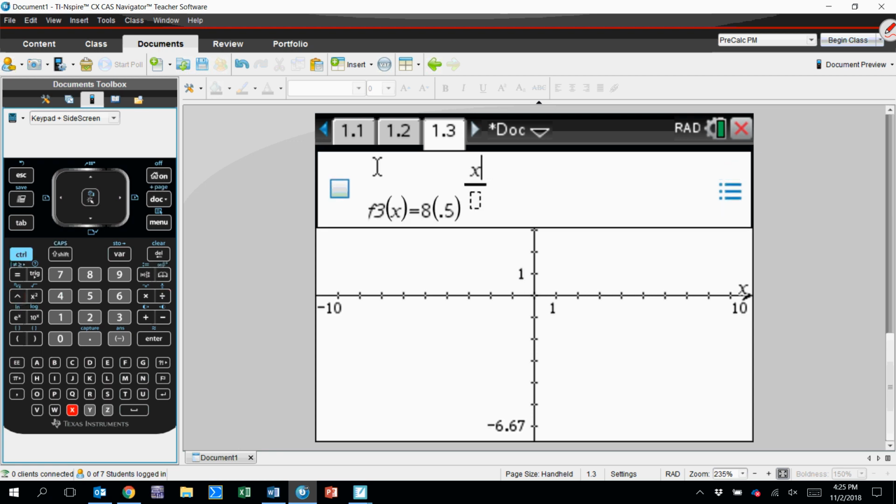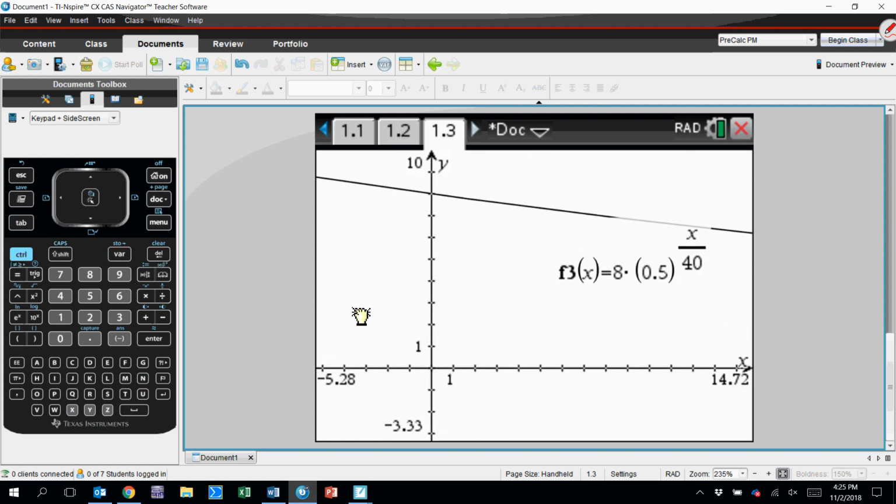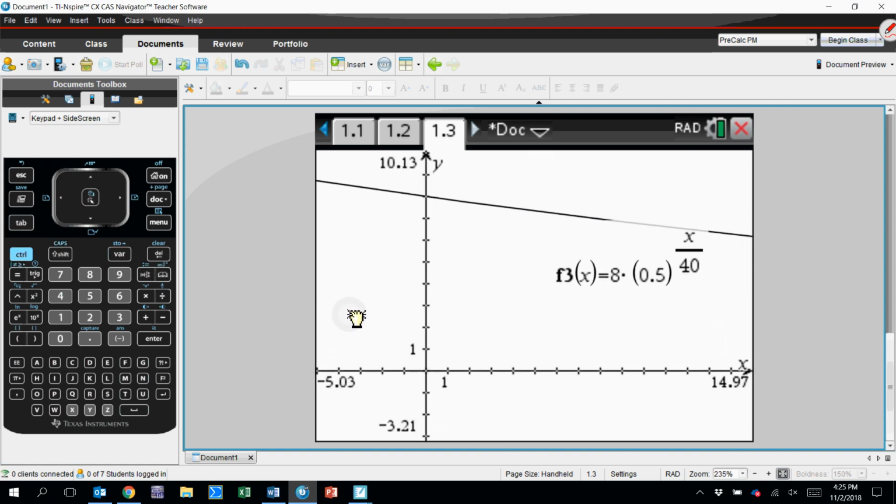And then remember, we always use x even if the problem has t or some other variable in it, and I graph it. I can't see anything because I need to be way to the side in order to see something. Now remember, a good strategy is just to grab and move a little bit, and then sometimes you can see it. So see, I can see part of the graph.